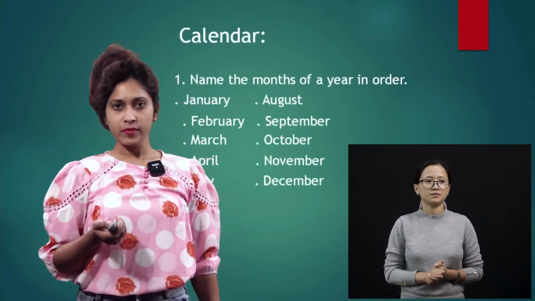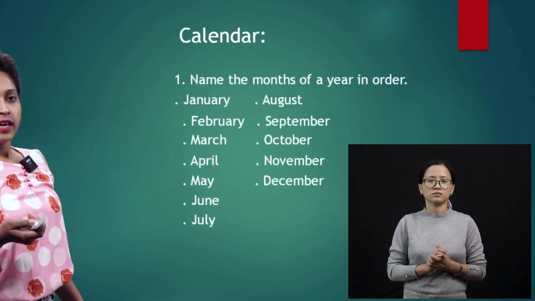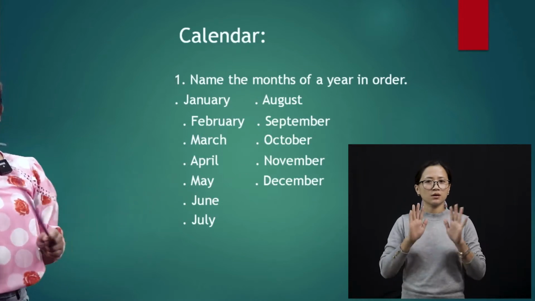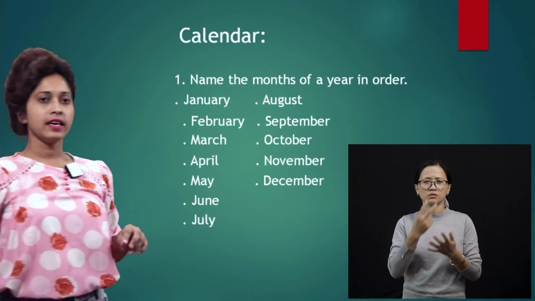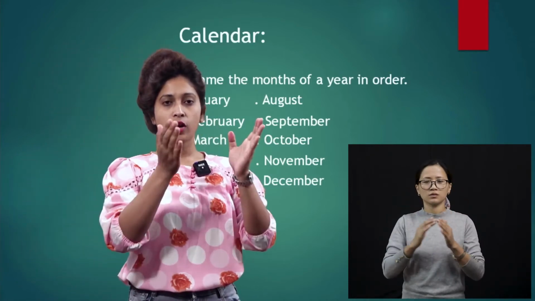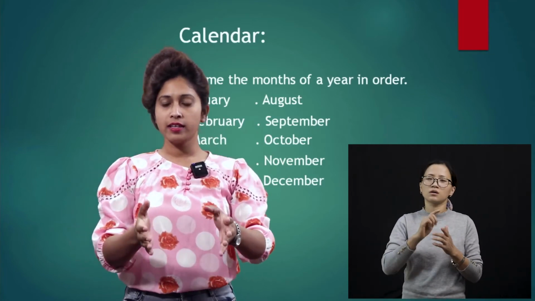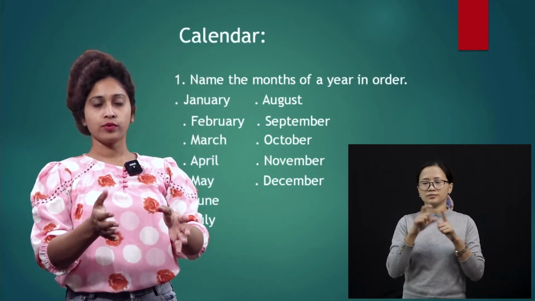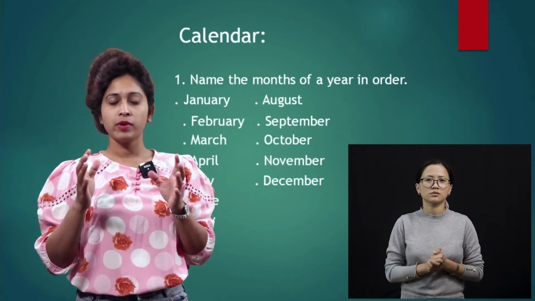Okay. Let's move to the next topic that we have, which is about the calendar. Now, in the calendar, we all see in our house that we have a yearly calendar from January till December, right? And there you get the holiday list of Christmas, New Year, Diwali, then Durga Puja, you have so many festivals.